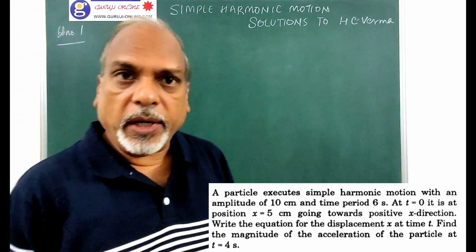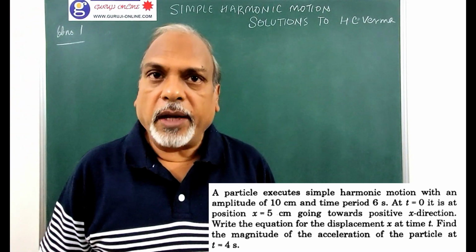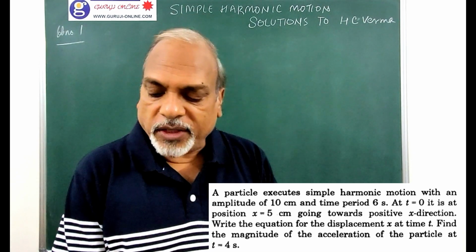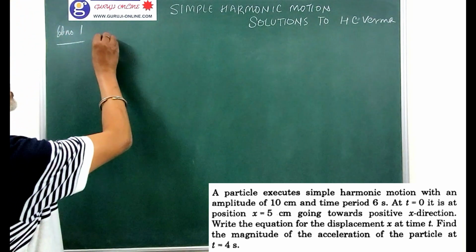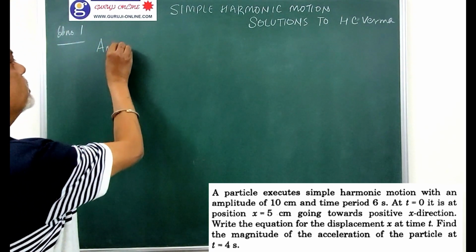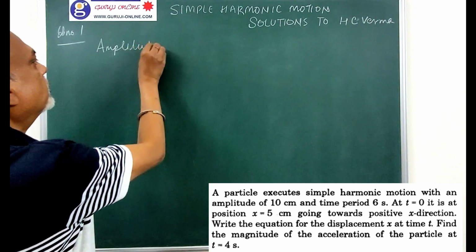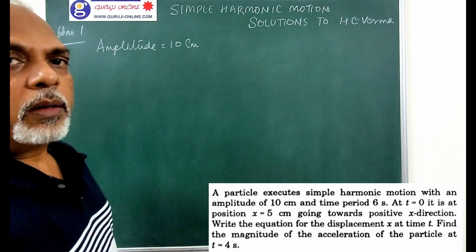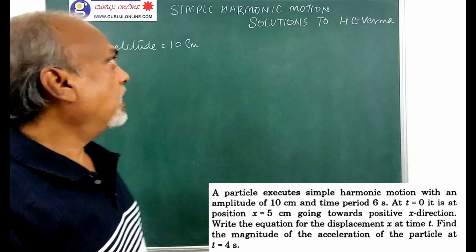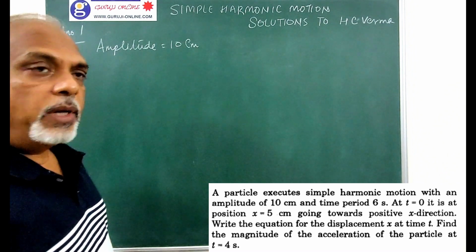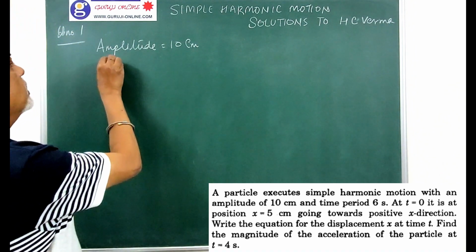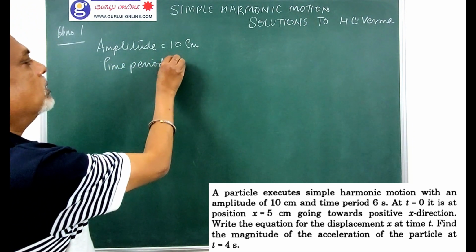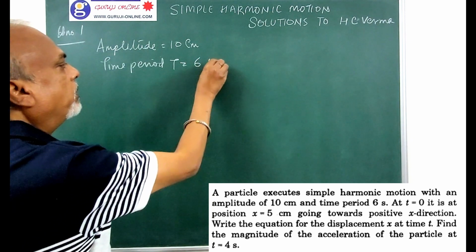Question number 1 says a particle executes simple harmonic motion with an amplitude of 10 centimeter. So amplitude is given, that is 10 centimeter. Then time period, that is 6 seconds.